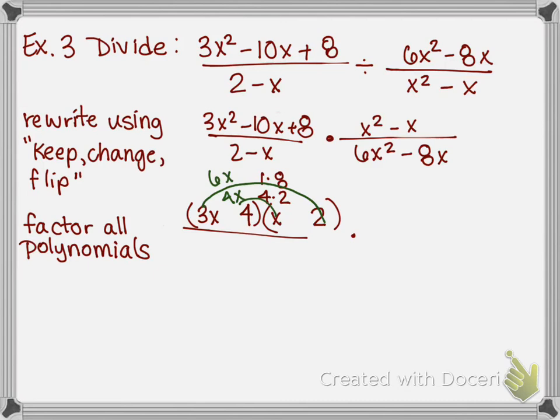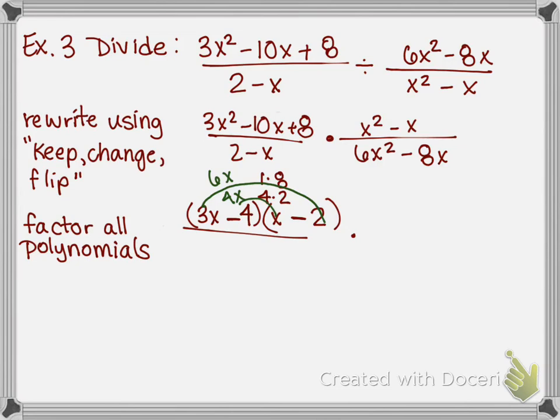Those can add to give me negative 10 if I make both signs negative. If you had the 2 and the 4 reversed and you think you got it correct, that's close, but if you pay attention to the signs, you'll see that they don't quite work out. So it has to be factored in this way in order for all your signs to work out.